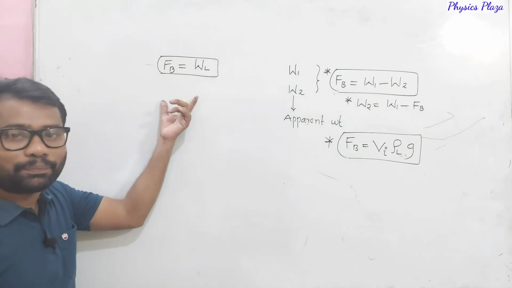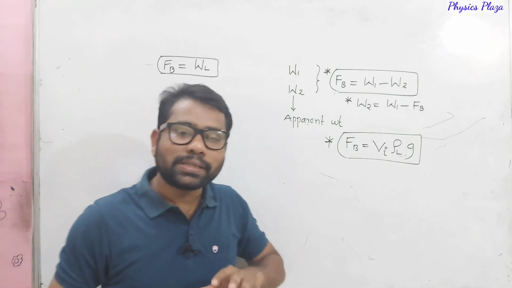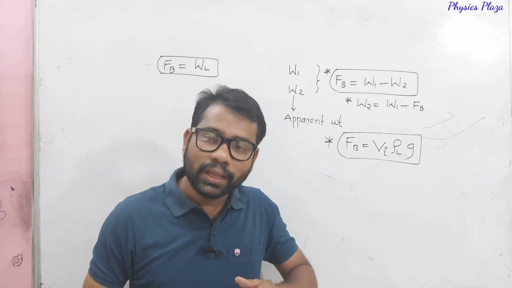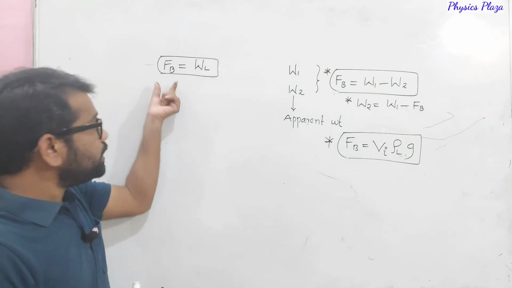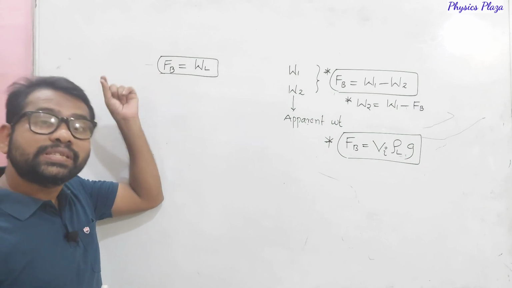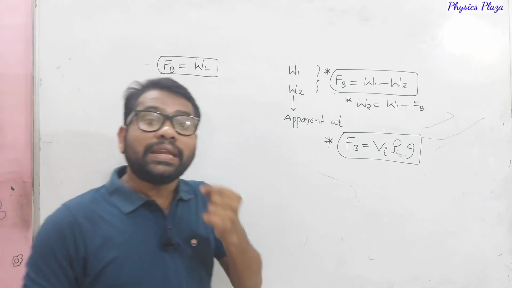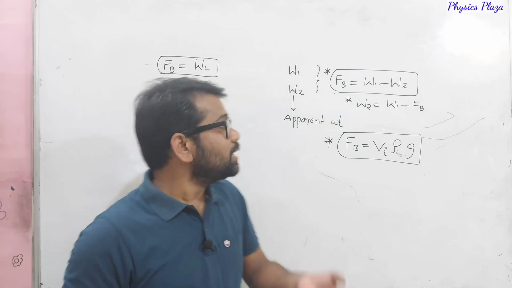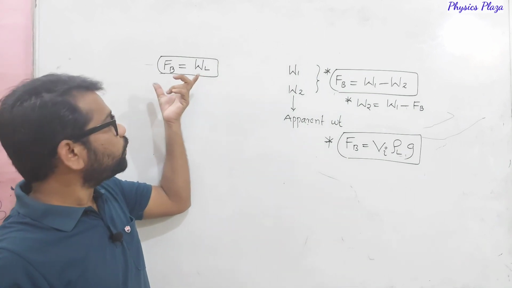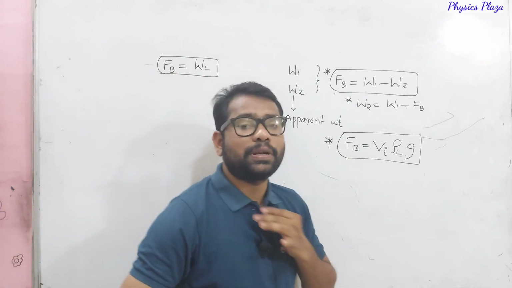So, let us say once again, whenever a body is immersed partially or wholly in a fluid, it experiences a buoyant force which is equal to the weight of the liquid displaced by the submerged part of it. This is what Archimedes principle states.